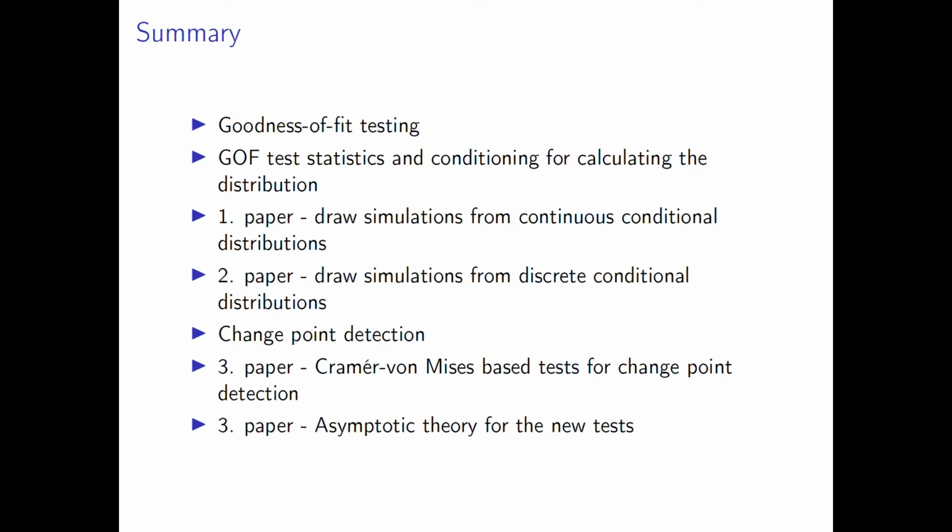Next, we talked about the first paper, how we can use the methods that we developed in the first paper to draw simulations from continuous conditional distributions. And next, we talked about the second paper, where we developed methods for drawing simulations from discrete conditional distributions. And we also talked about the new likelihood-based tests that we defined in the second paper.